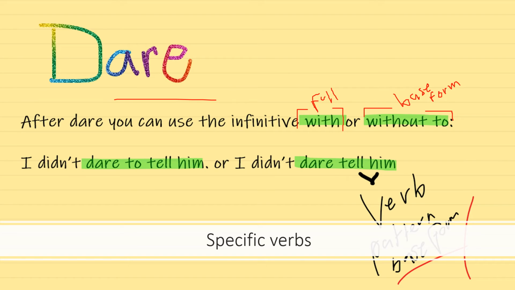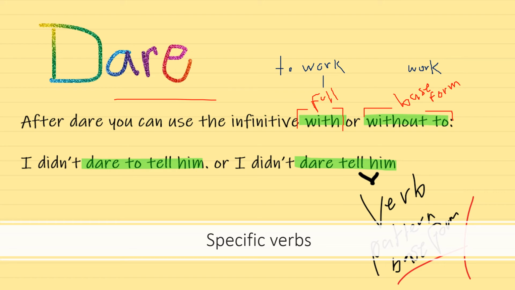For example, let's put this situation. You have the verb work. Because this is the full form, we have to say to work. Now, in contrast, with the base form, you only have the verb work alone, just like this.